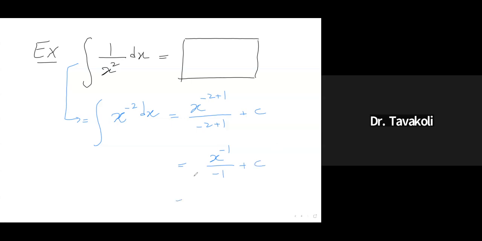We try to avoid negative exponents. x to the minus 1 is the same as 1 over x, and this divided by negative 1 just makes it a negative in front of the answer. And x to the minus 1, as I just mentioned, is 1 over x. So that's the answer for this integral. Minus 1 over x plus c.